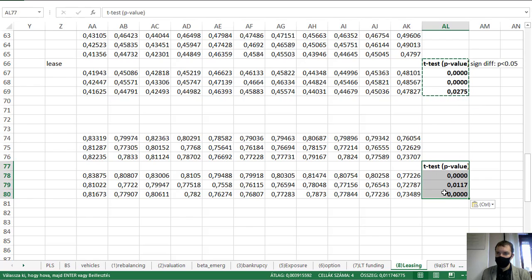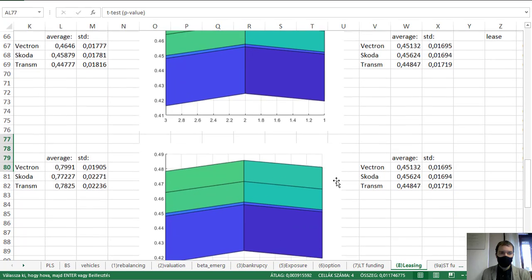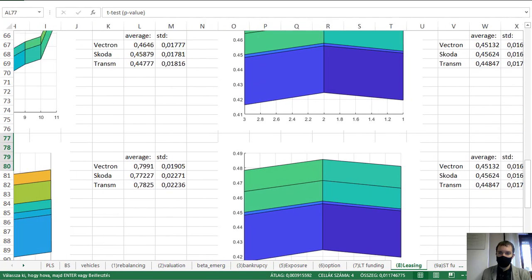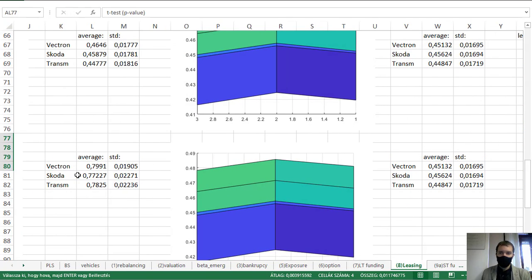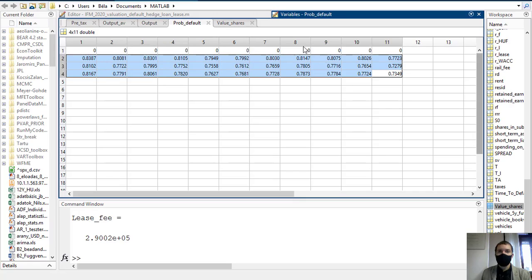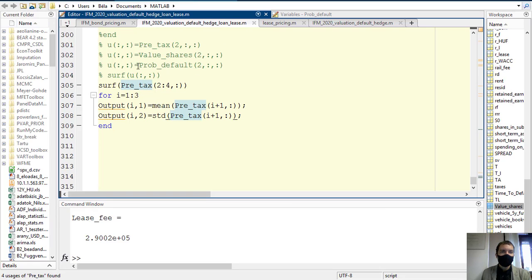I don't have to do anything more. Wow, this thing is also significantly different. So let's see what we can find. Oh, yeah, because I'm still doing the probability of default here.